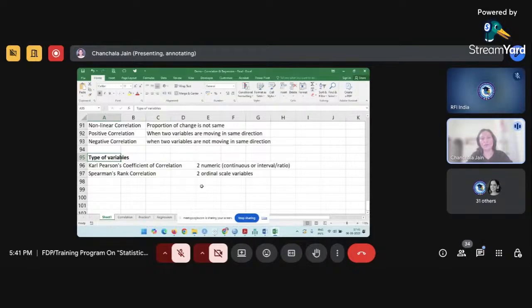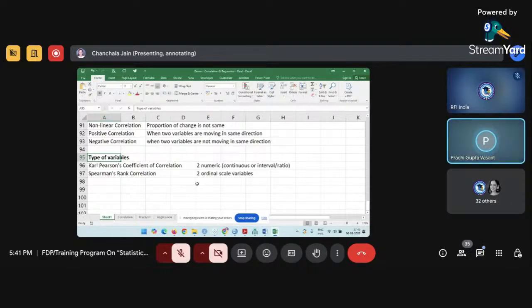For nominal, we are generally using Kendall's tau, right? So it is very imperative to understand which kind of data, which kind of variables you are having. According to the types, you decide which will be the appropriate statistical test to perform. Is it clear? I hope till here I am clear to everyone. Any doubts so far?